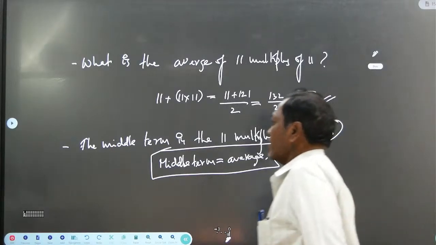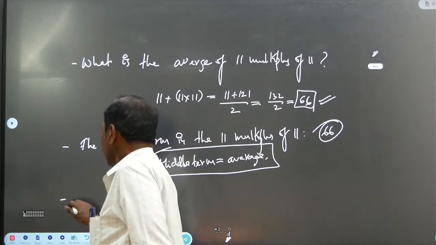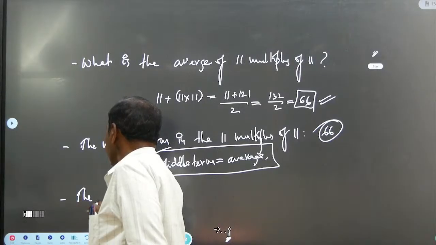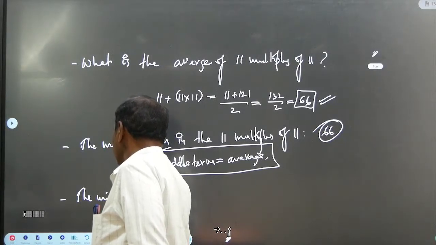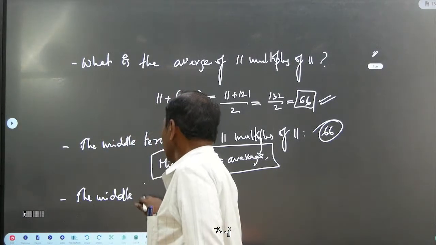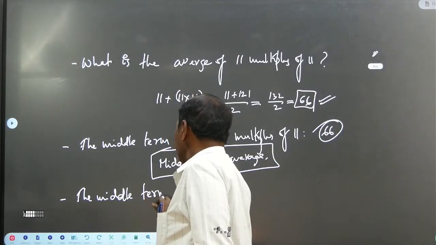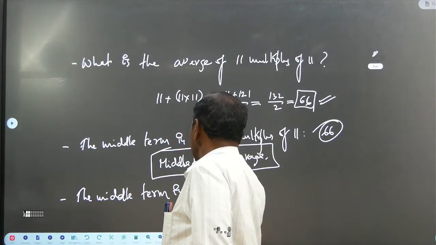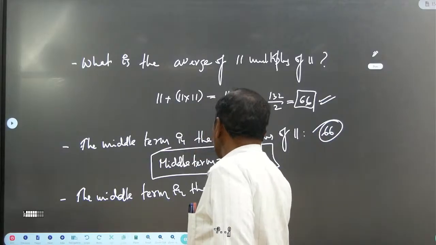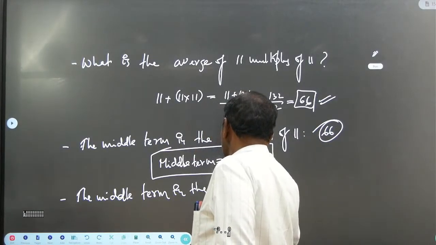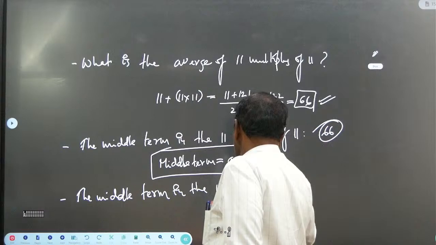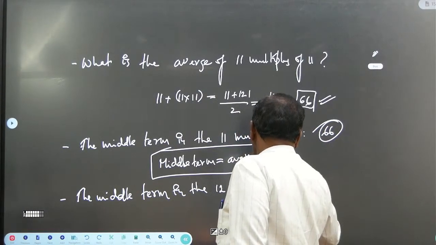But the middle term in the 12 multiples of 11?